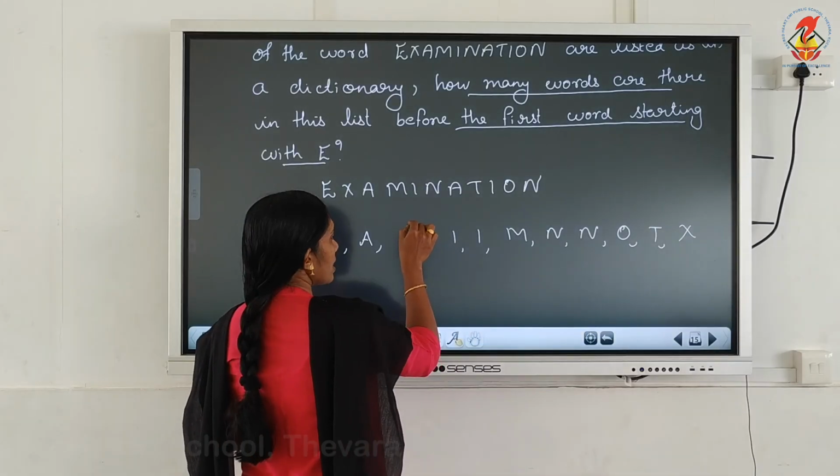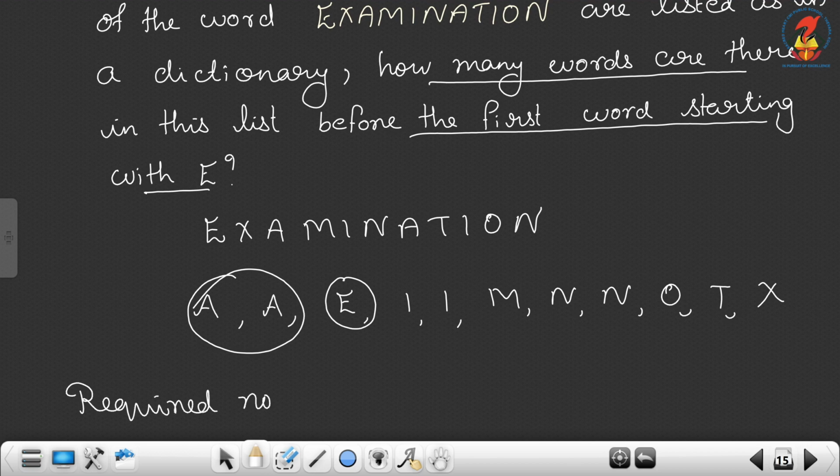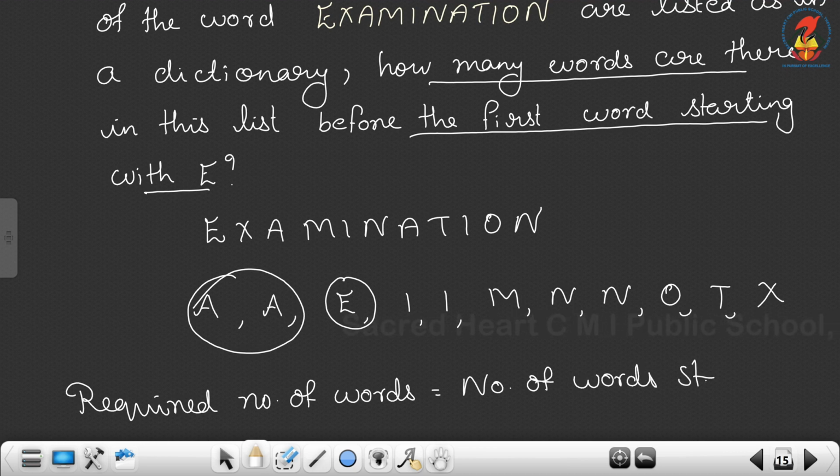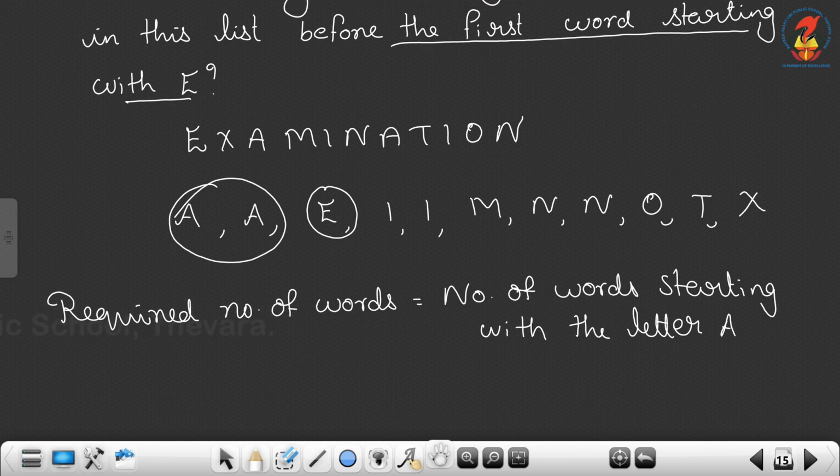Before that means the number of words starting with the letter A. So the required number of words is equal to the number of words starting with the letter A.